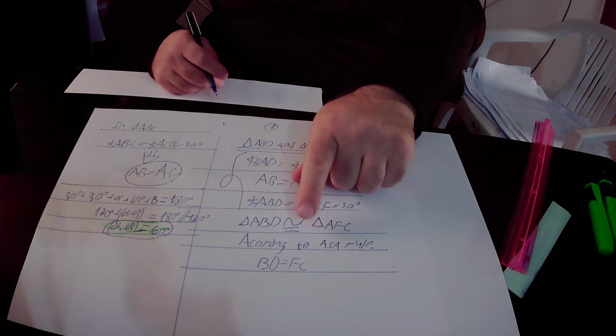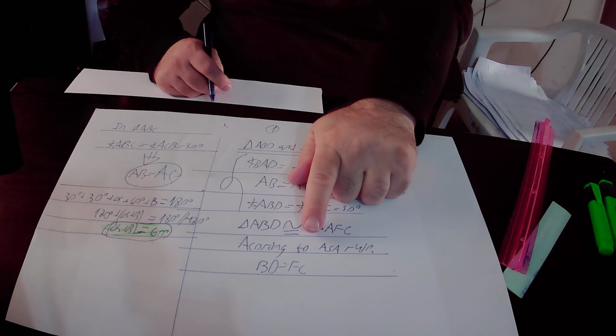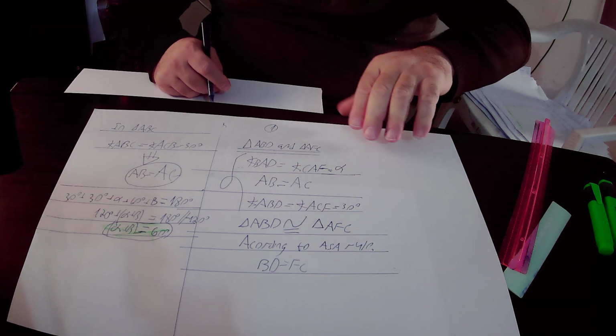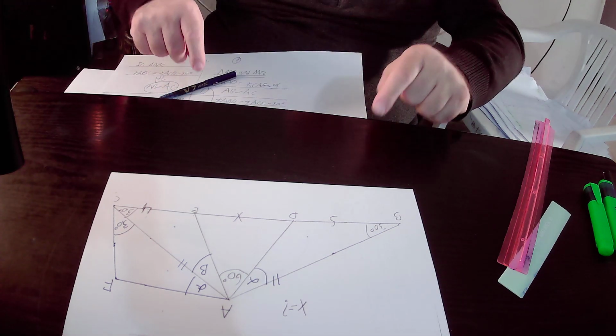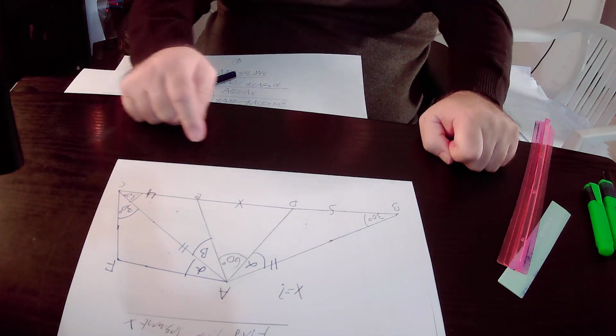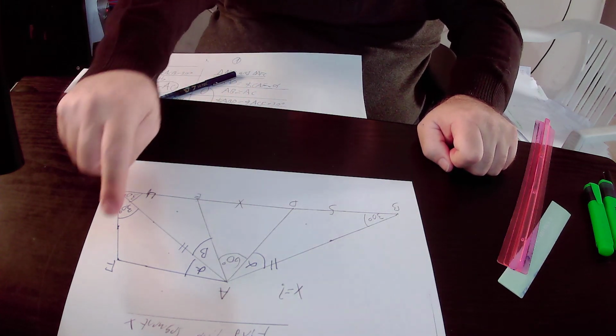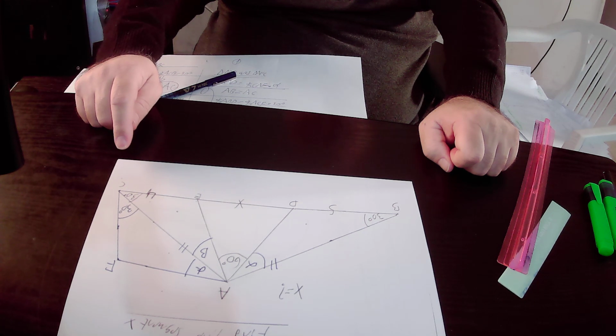Side BD of triangle ABD equals side FC of triangle AFC, according to the rule that corresponding sides in congruent triangles are equal to each other. Those two triangles are congruent to each other, therefore the two corresponding sides, that is to say BD and FC, must also be equal to each other.